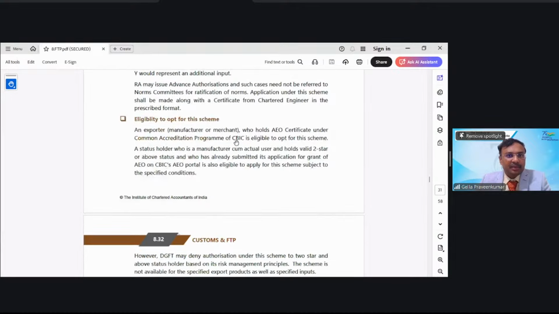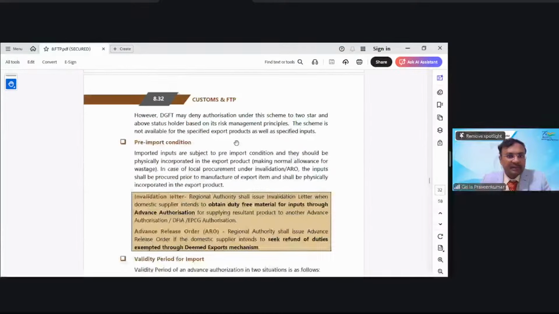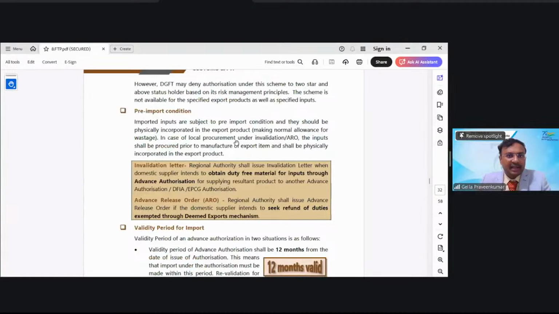Self-ratification, export, pre-import condition. Now, this is technical. You wouldn't come across it, but I'll explain this. Goods, instead of getting imported, I can buy domestically also, within India. Imported inputs are subject to pre-import condition. They should be physically incorporated in the export product.